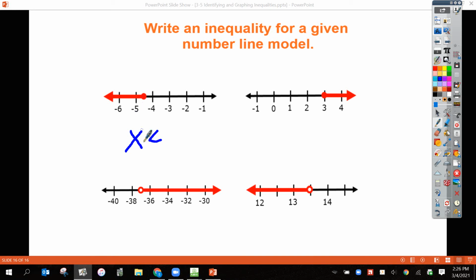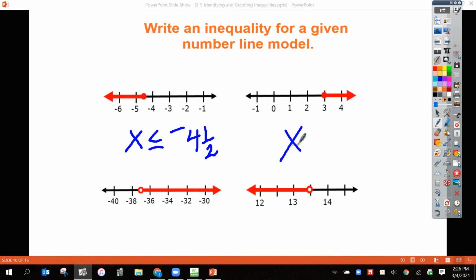So the solid dot means equal to. So some number is smaller than or equal to negative, what's between 4 and 5? 4.5, or you could say -4.5. Either way is fine.